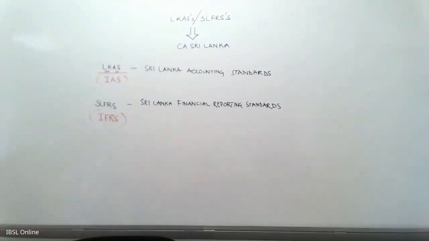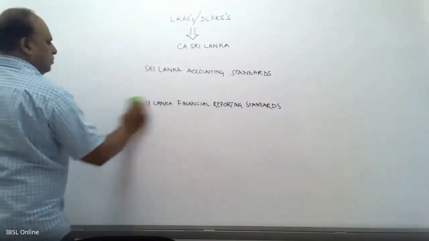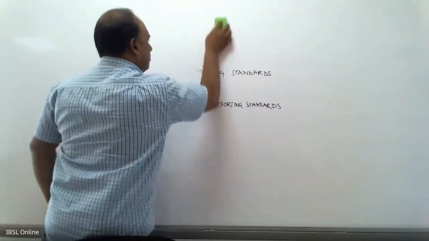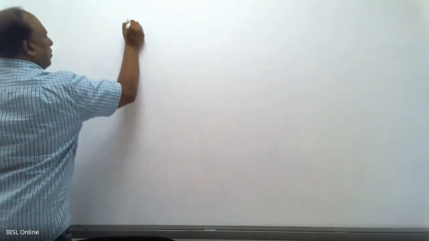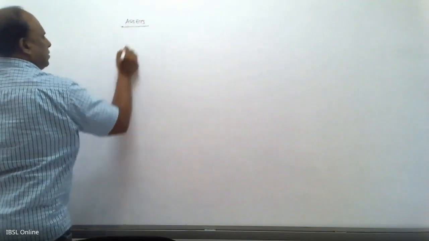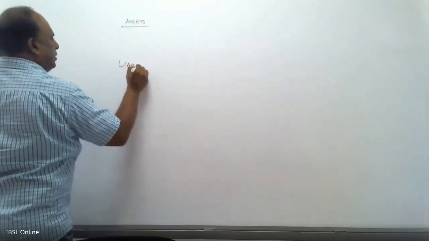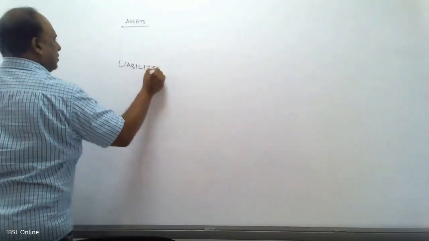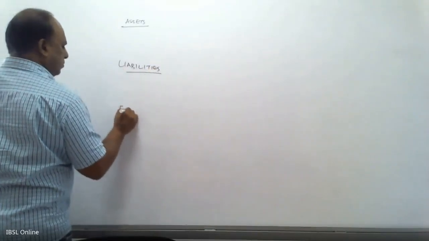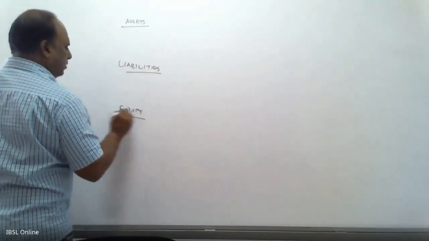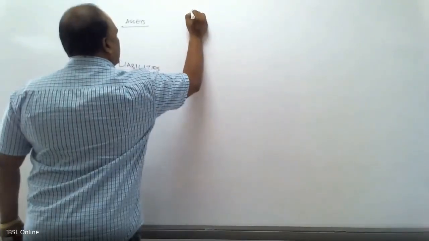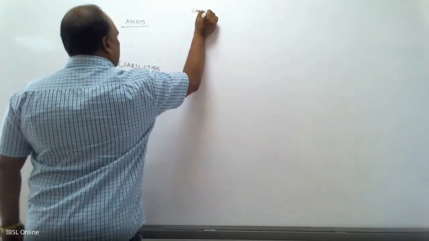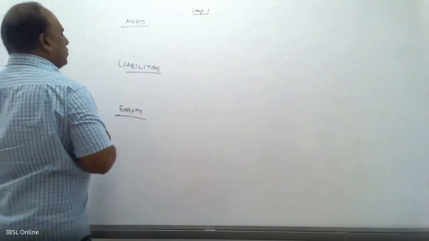Now, for assets, liabilities, and equity. Just take A. Initially, let's say stage 1, a customer comes and gives you money, 5 million.